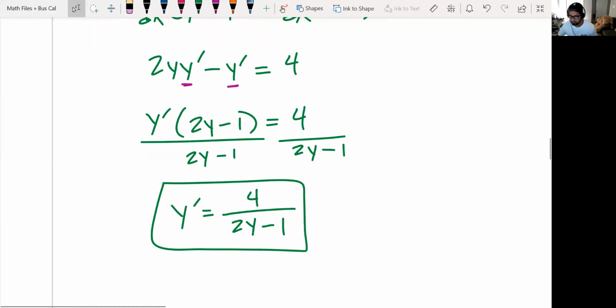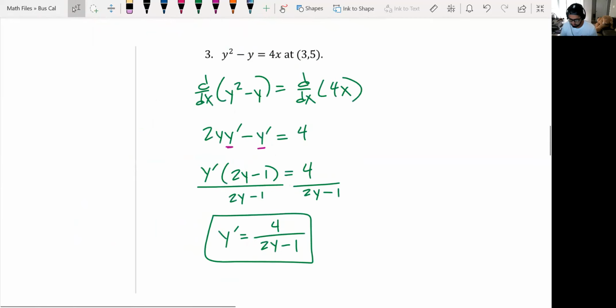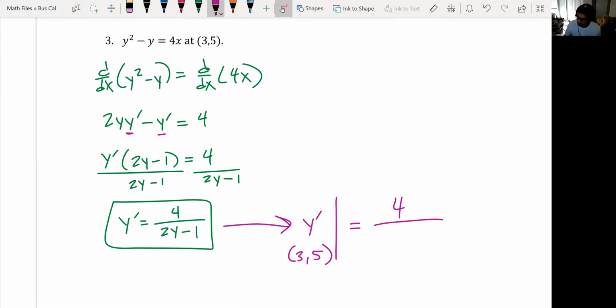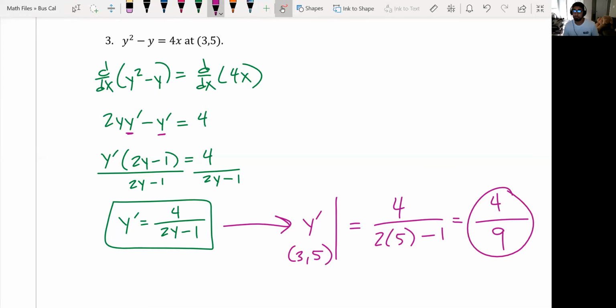There's your implicit derivative. Now we just plug in the point 3, 5. This time, I don't have an x, but I have a y, so we plug only 5 in for y. So you'll get 4 over 2 times 5 minus 1, which will give us 4 over 10 minus 1, so 9. That's all we had to do.